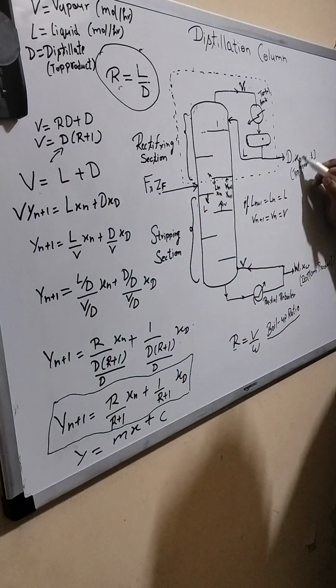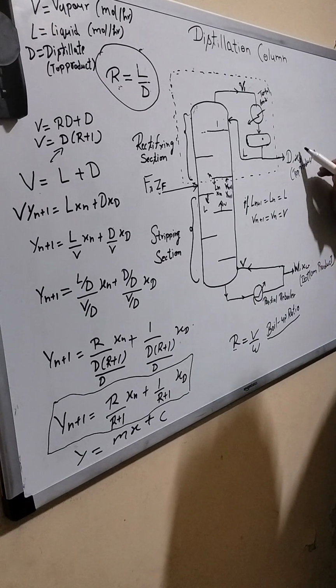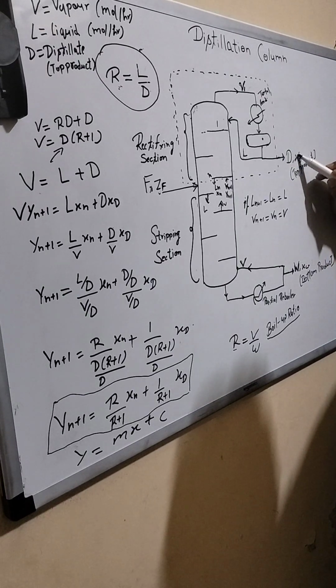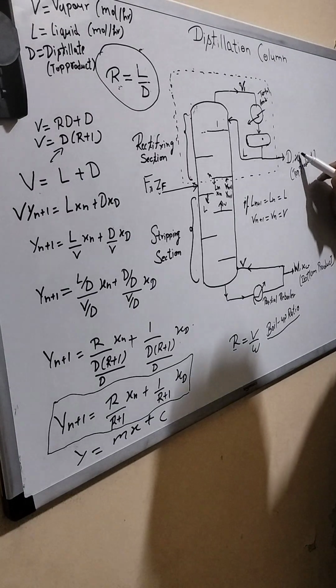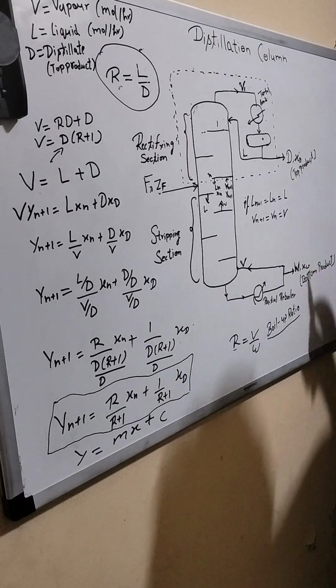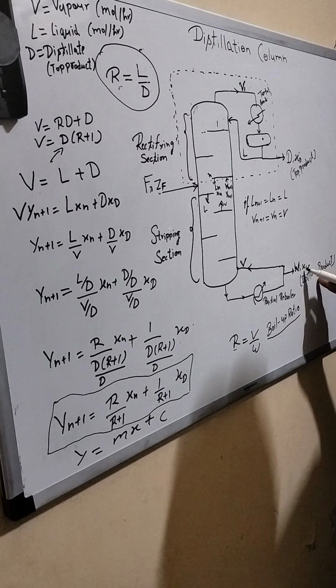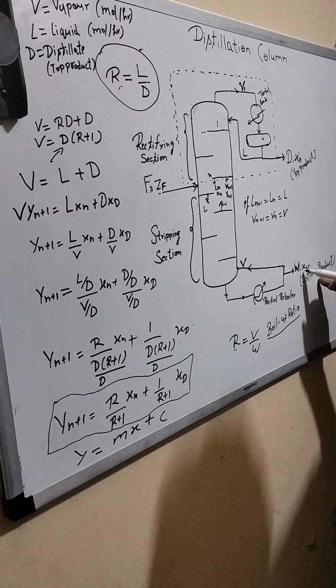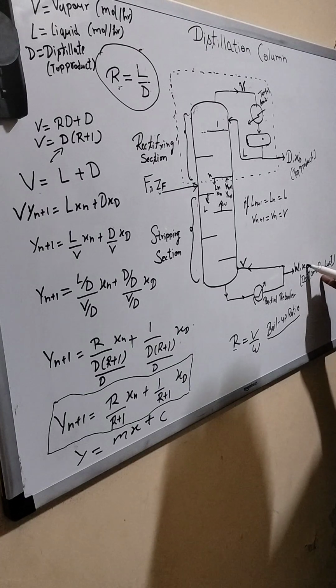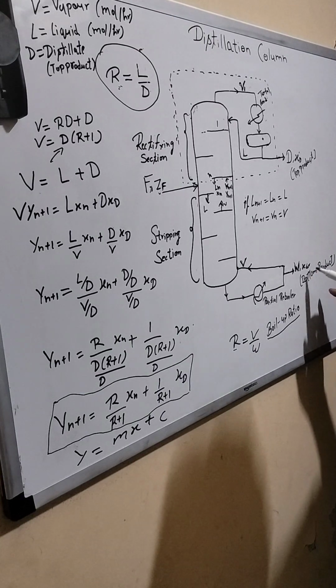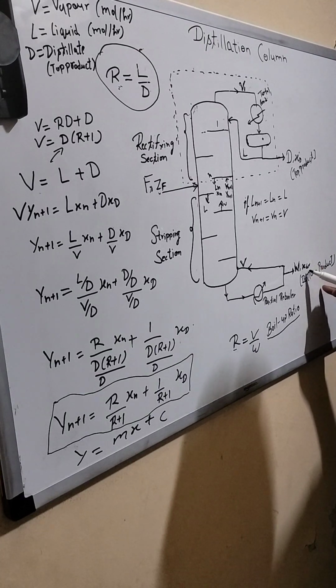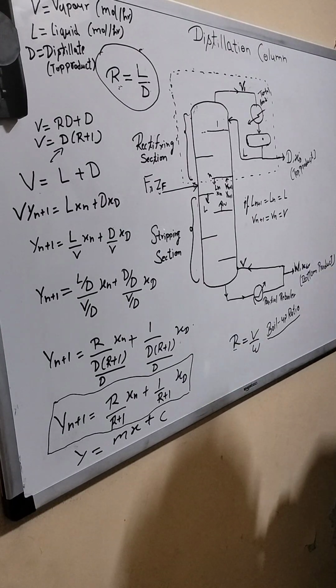And what is XD? XD is the mole fraction of the more volatile component in the top product. XW is the mole fraction of the more volatile component in the bottom product.